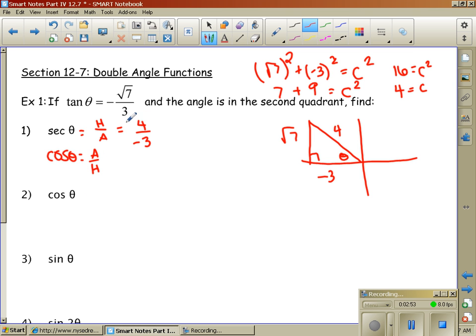Cosine then is just the reciprocal of that, so we don't have to redo it, just take the reciprocal, negative 3 over 4. Sine. Sine is opposite over hypotenuse, so square root of 7 over 4. Okay, nothing new. Let's go to a double angle.